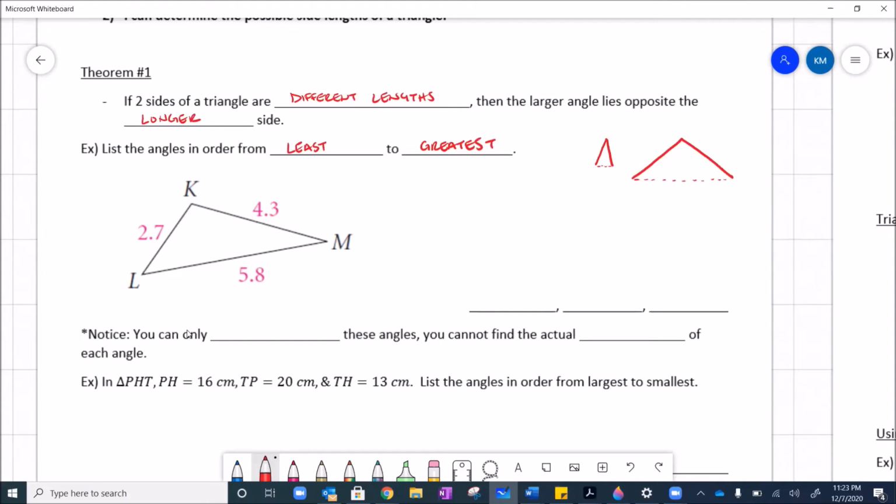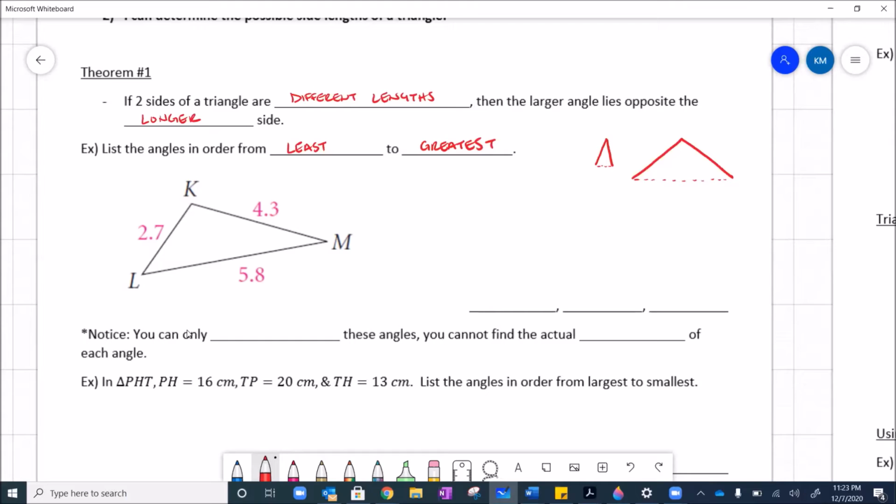Here it says list the angles in order from least to greatest. They didn't give us any angle measures, but we do have all the side measures. So what's the shortest side? Our shortest side is KL.